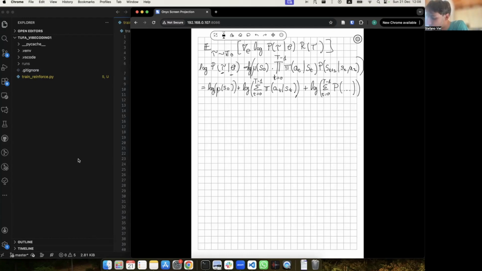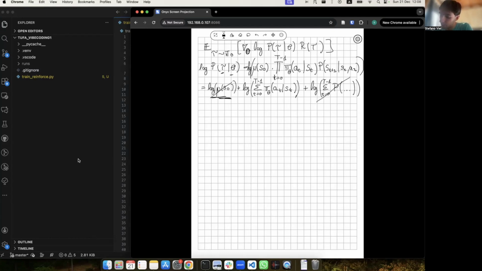I'm not going to copy it, but it's the same as above. And a very cool thing happens here, because in our original function up here, we're taking the gradient with respect to theta. Here I missed a theta. And the logarithm of the first state is constant with respect to theta. So in the gradient, we can remove it. Same thing for this one.